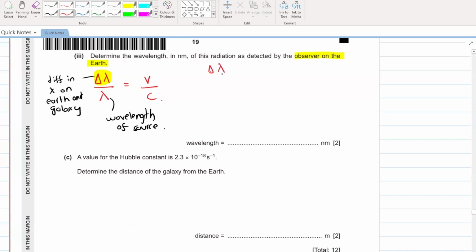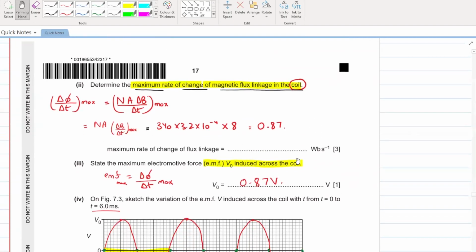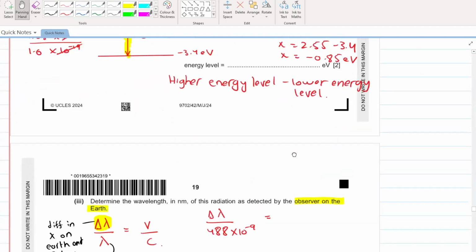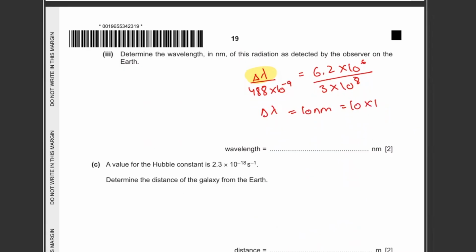Change in lambda over 488 into 10 to the power of minus 9 is equal to V over C. What is V? Speed of recession, which was 6.2 into 10 to the power of 6. Now, the change in lambda comes out to be 10 nanometers, or 10 into 10 to the power of minus 9 meters.